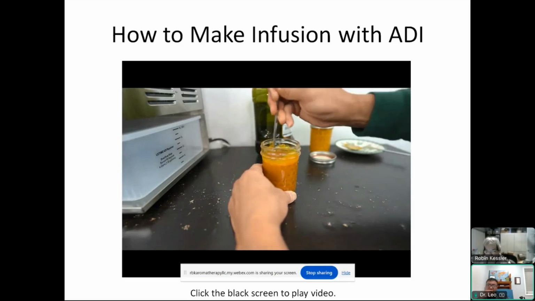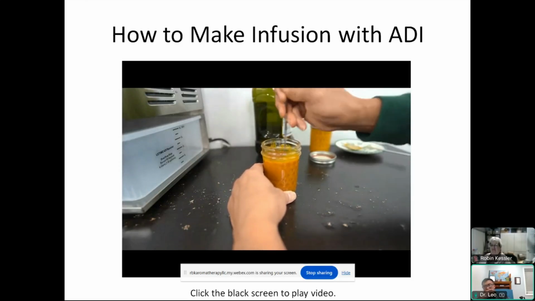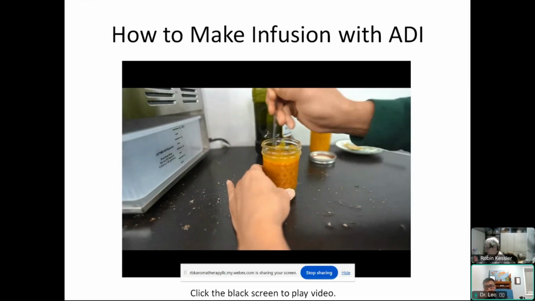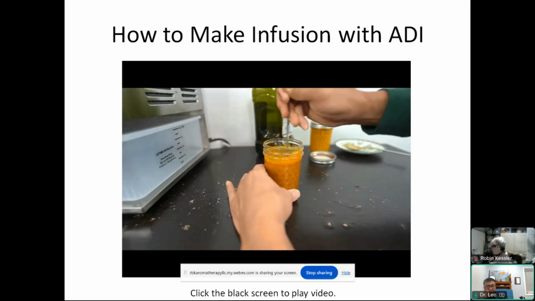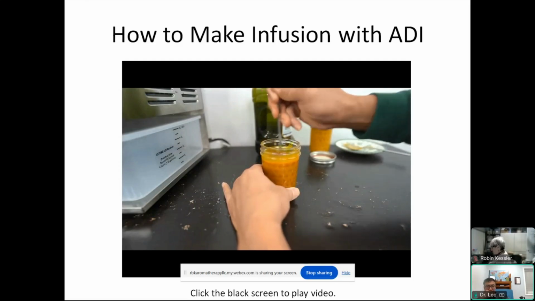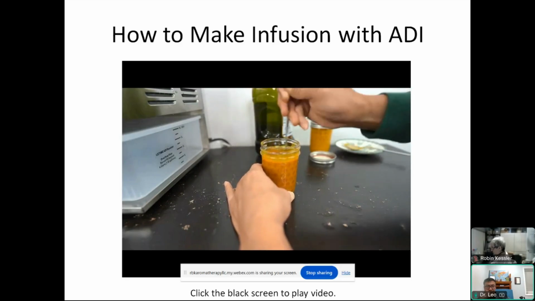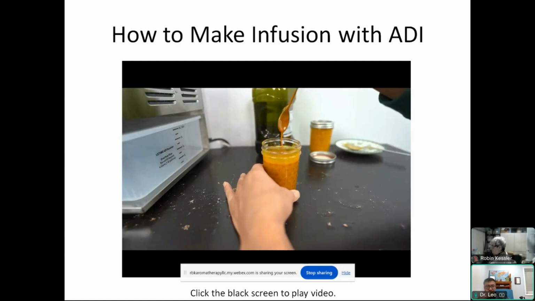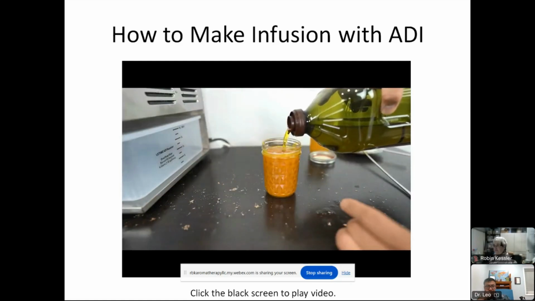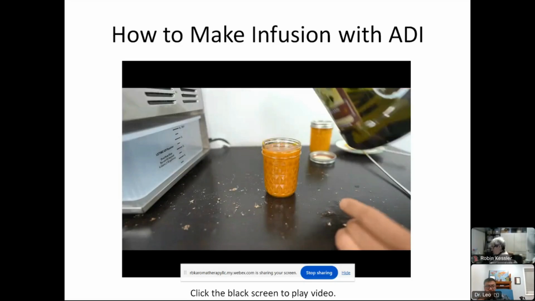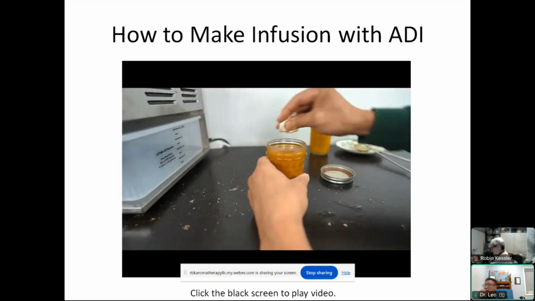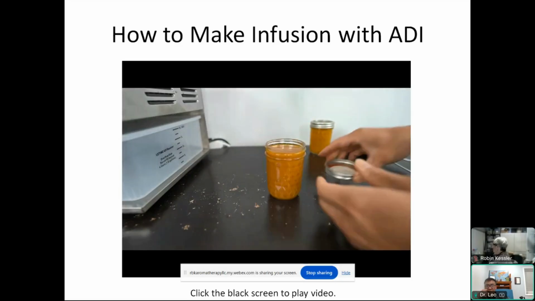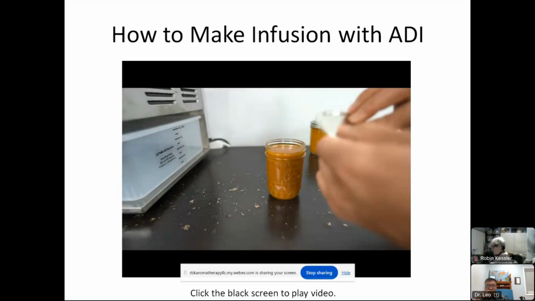It's actually not too difficult to get the turmeric to separate from the oil. It's very easy. Compared with alcohol, the oil is a little thicker. Again, just stir it. Close the bottle.